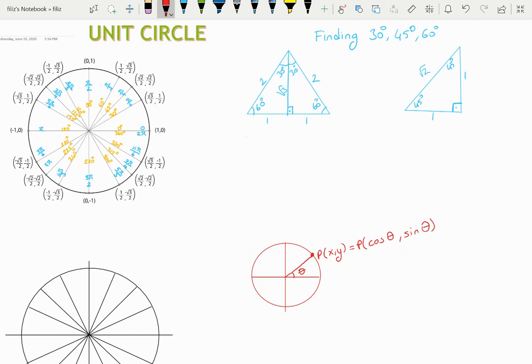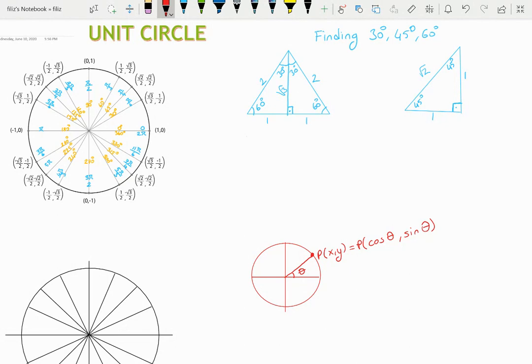Hello. Today I'm going to talk about the unit circle. So, the unit circle is a special circle with one unit radius, and we can find very special sine and cosine values for different degrees and different radian angles.